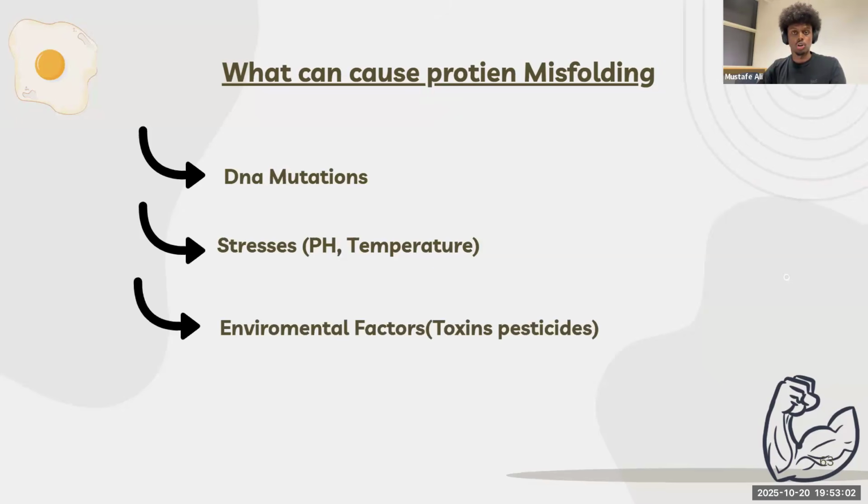Environmental factors like toxins and pesticides can lead to protein misfolding. And even age. Age is basically due to the chaperone proteins getting tired in an older person. It's been working a long life, right? So it slacks off, and this causes protein misfolding slightly.